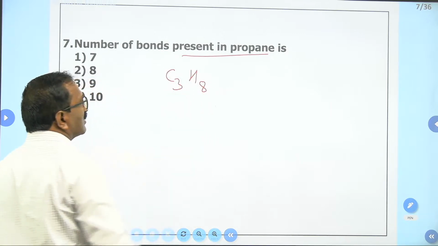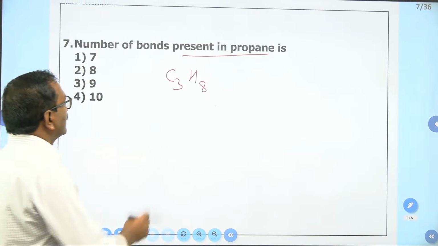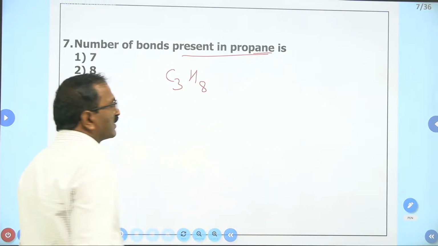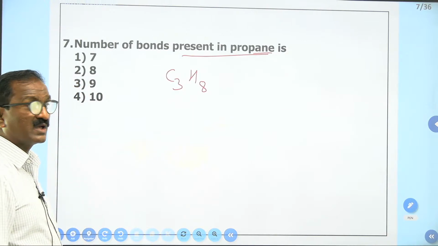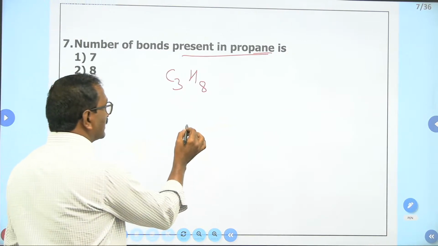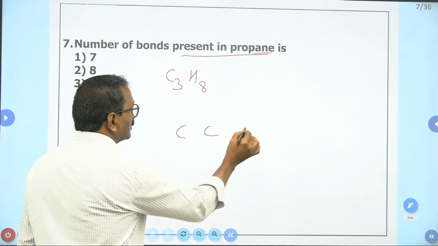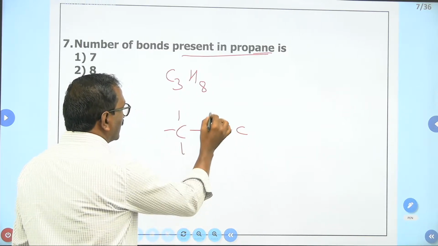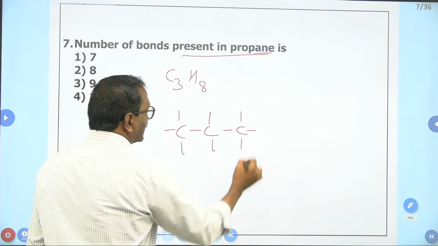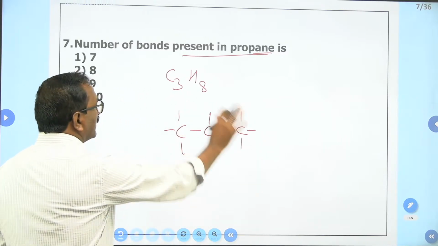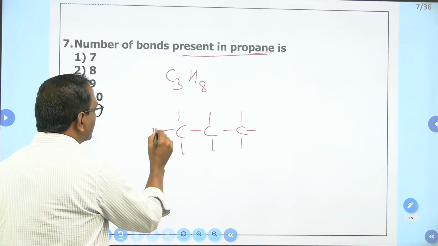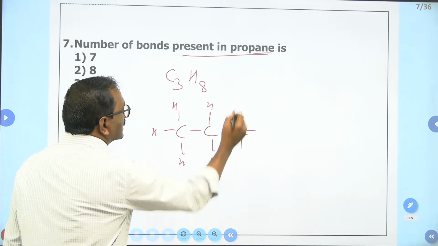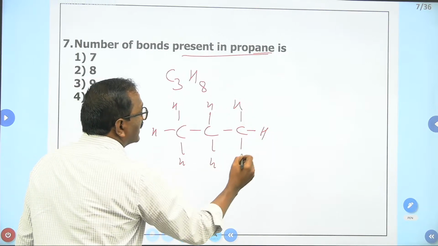The molecular formula of propane is C3H8. Because it is an alkane, between the carbon atoms there are only single covalent bonds. Consider carbons 1, 2, 3. Around each carbon, 4 single covalent bonds must be arranged, and the unsatisfied bonds are satisfied with hydrogen atoms. This is the structural formula of propane.